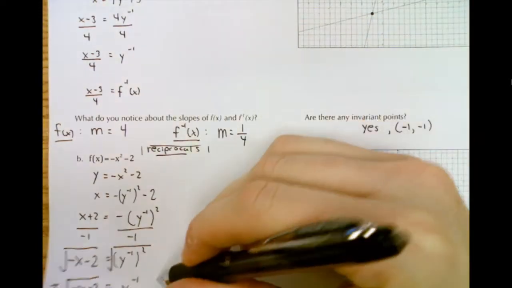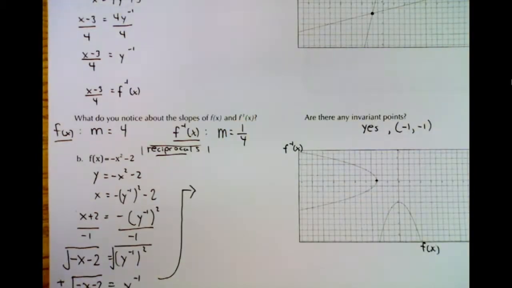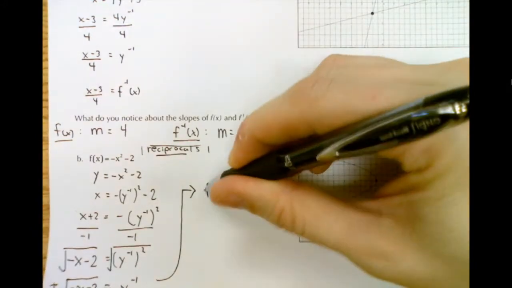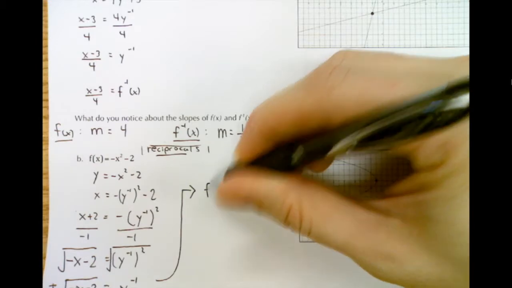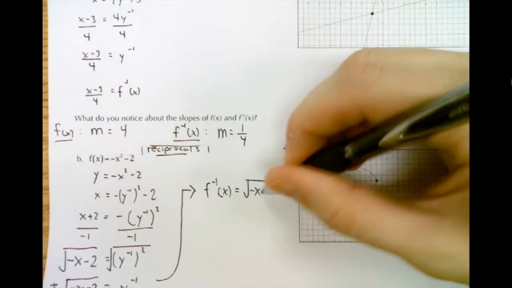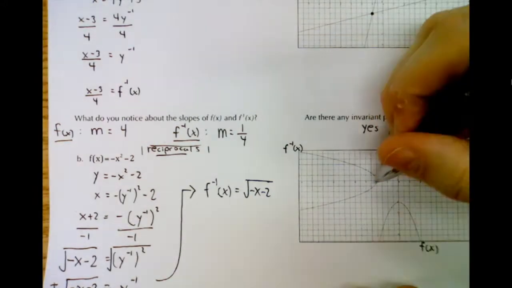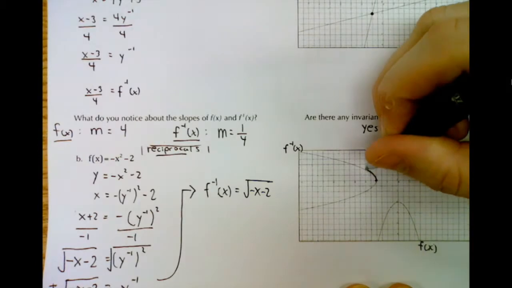But if I wanted to make it a function, I could choose either the top or bottom branch, the positive or the negative answer. Conventionally, we usually choose the positive answer. So we would say f inverse of x equals the square root of -x minus 2. And this implies that we're only taking the positive answer, and therefore we would get just this branch.